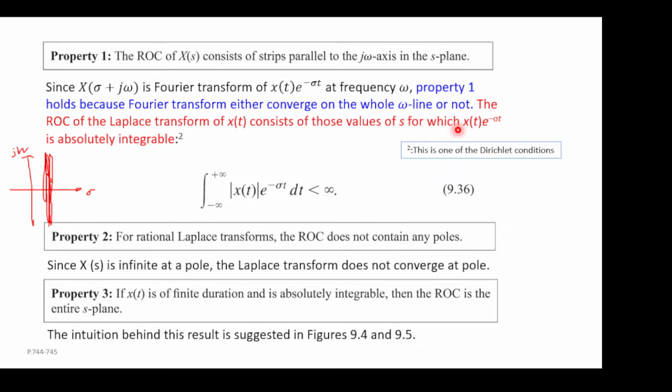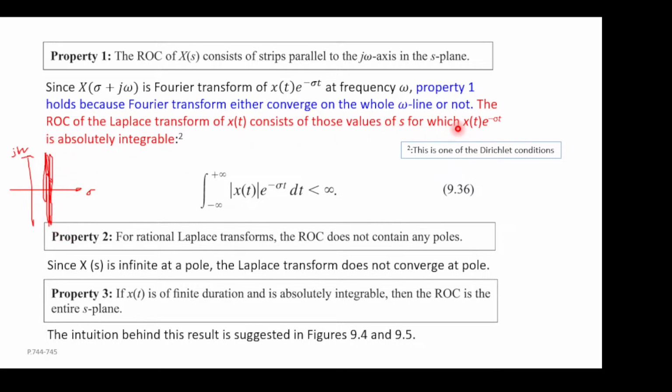Also, this is a stronger condition than property 1, which we will use. We think the Laplace transform on this whole line is the Fourier transform of x of t times e to the minus sigma t, and we give a condition for this Fourier transform being convergent.